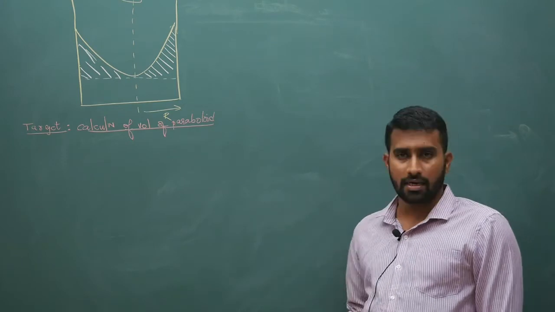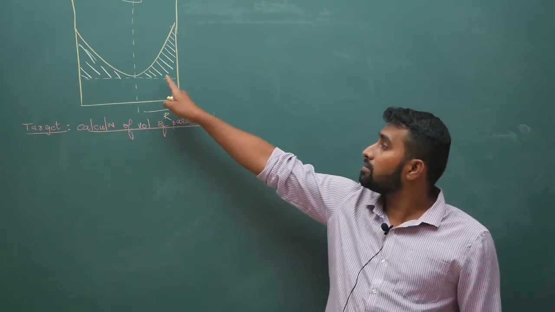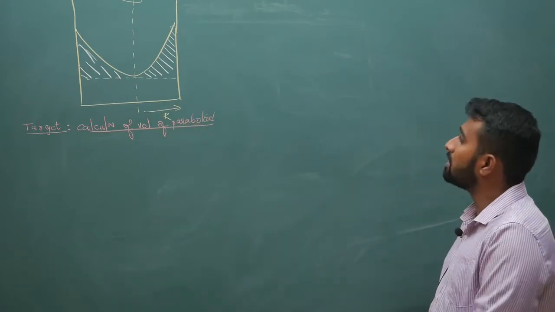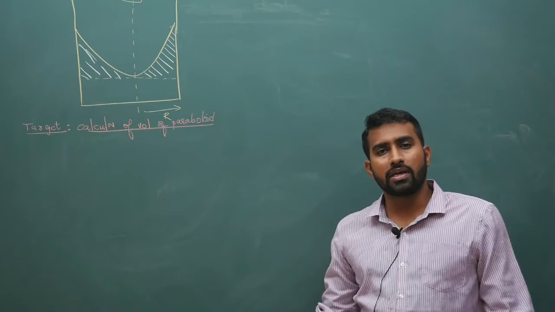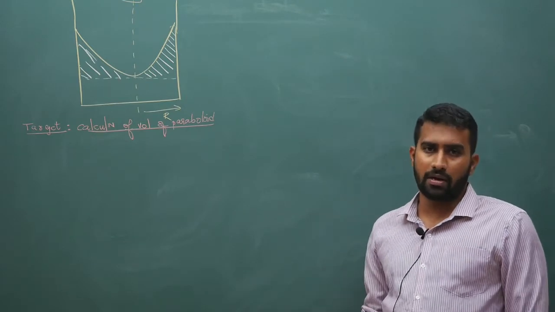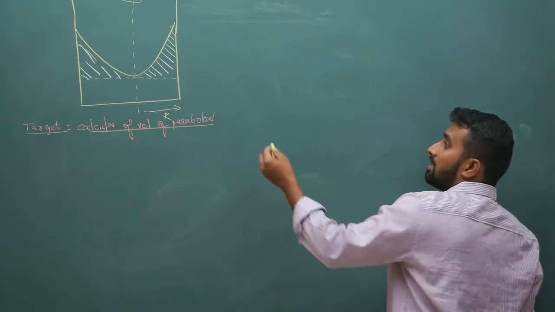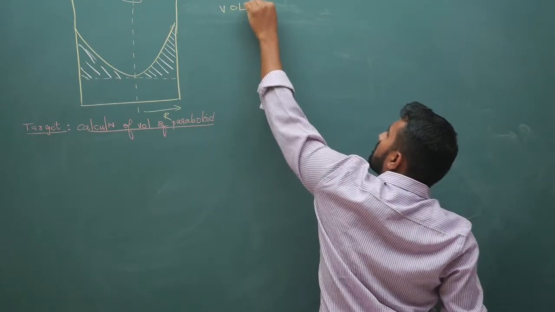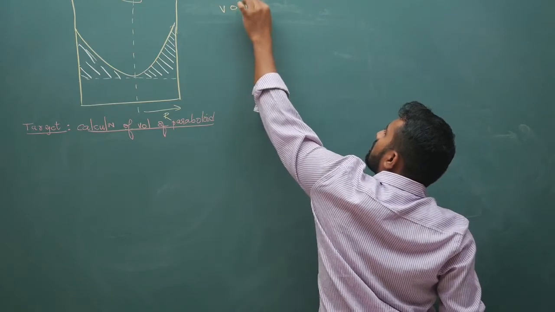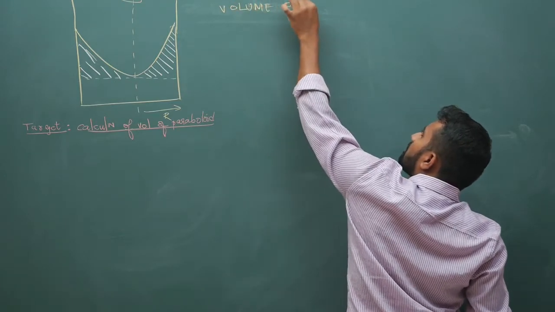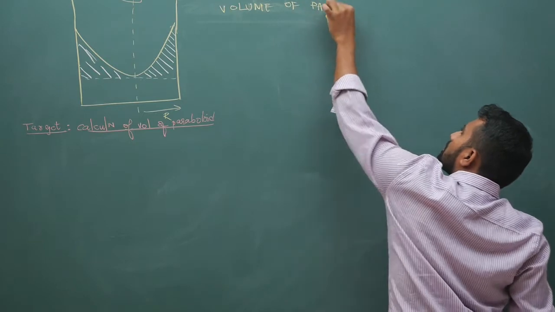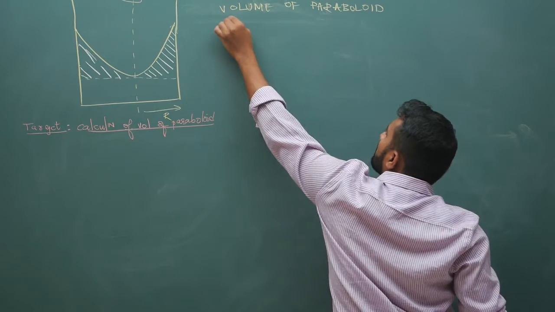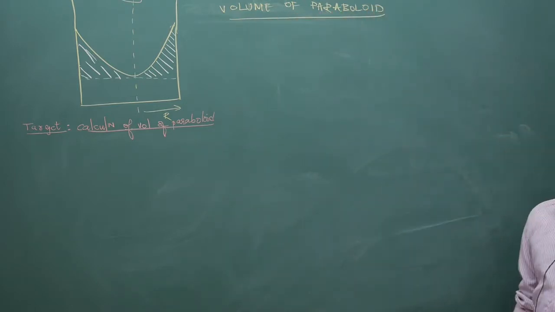Different things I can calculate. But first I need to calculate this shaded portion volume. Previously the heading was equation of paraboloid. Now I will keep my heading as volume of paraboloid.